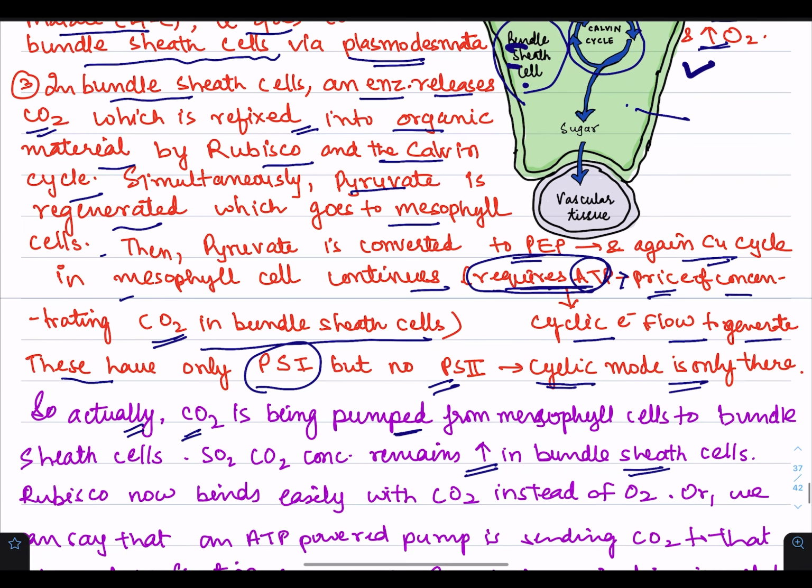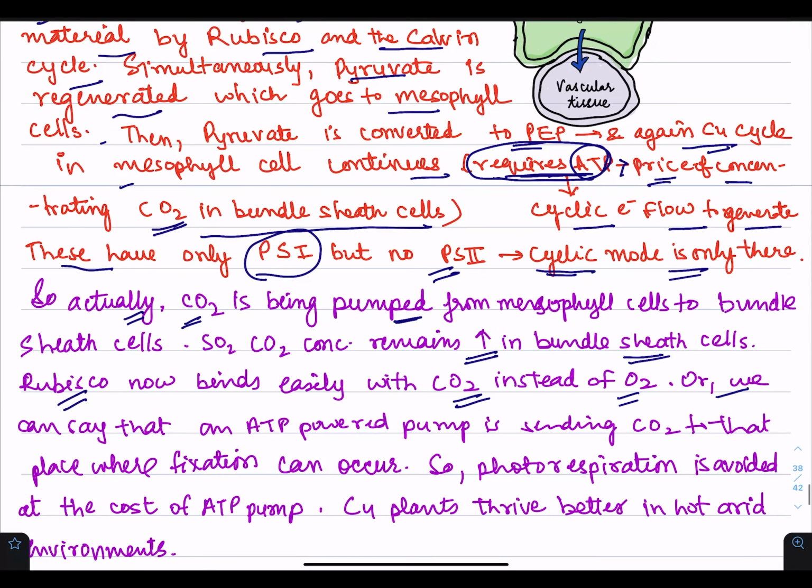This is what we want. So Rubisco will now easily bind with carbon dioxide instead of oxygen. Or we can say that an ATP-powered pump is sending carbon dioxide to the place where fixation can occur.